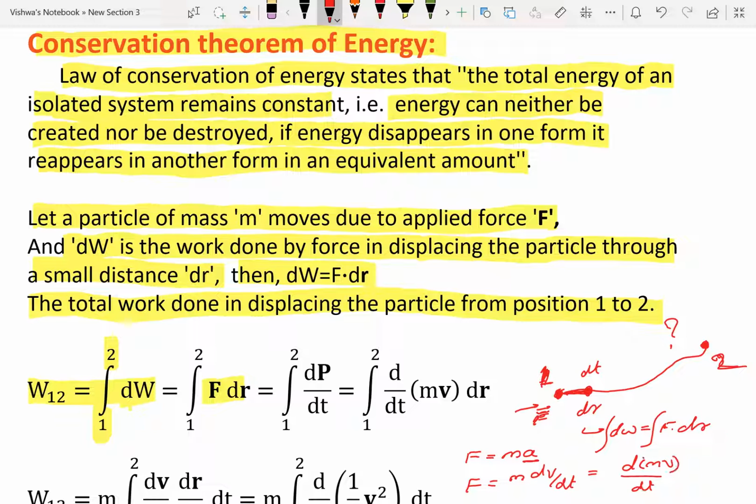What is the product of mass and velocity? It is momentum p. So F becomes dp by dt, into dr. In other words, we can say that force is the rate of change of momentum. Then this p value is mv, so d by dt of m into v.